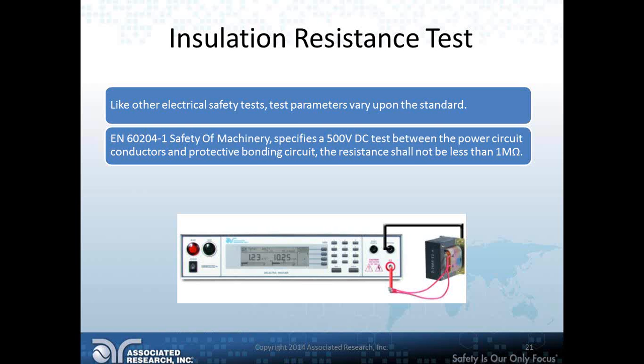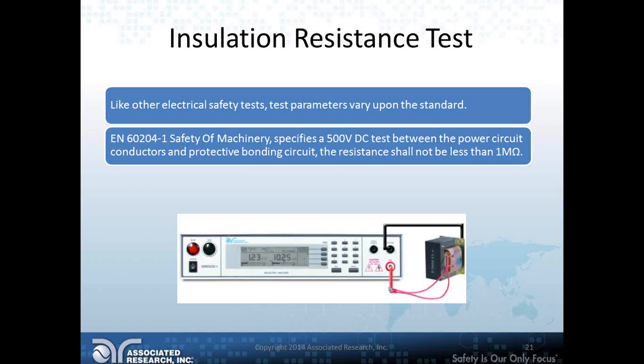It's one of our very hot selling products, very reliable, and is capable of going up to 50 meg of insulation resistance. Similarly, Associated Research has come up with many different models of test instruments that are capable of performing insulation resistance tests at very high resistance values.